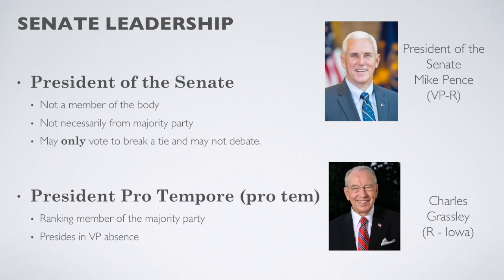If it's 50 Republicans to 50 Democrats, then the vice president can vote. The president pro tempore, or pro temp, is the ranking member of the majority party and presides in the VP's absence. So if the vice president is ever absent, he can take the place of the president of the Senate.